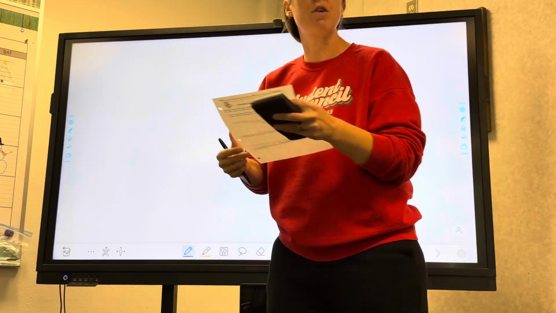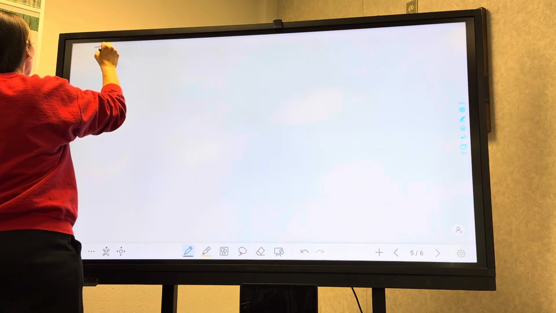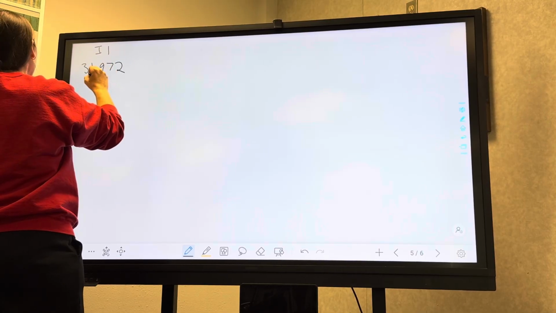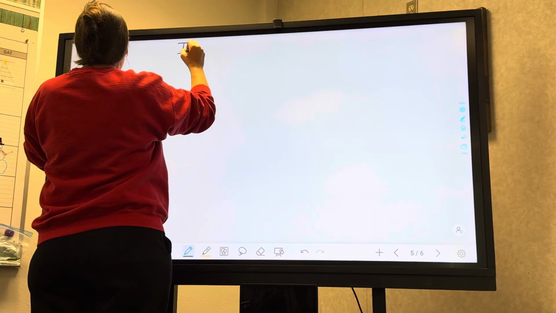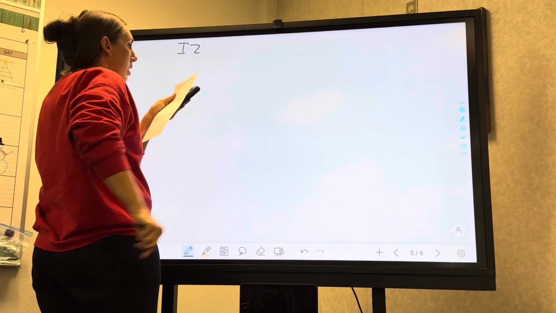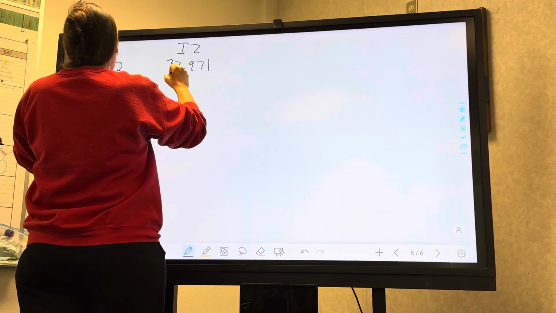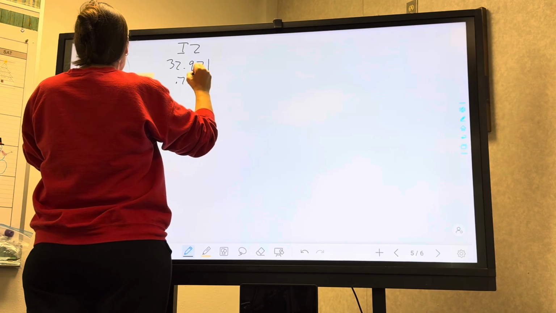Okay, this one is for sulfur. So we have isotope 1 is 31.972 at a 95% abundance. Isotope 2 is 32.971 at 0.76% abundance.